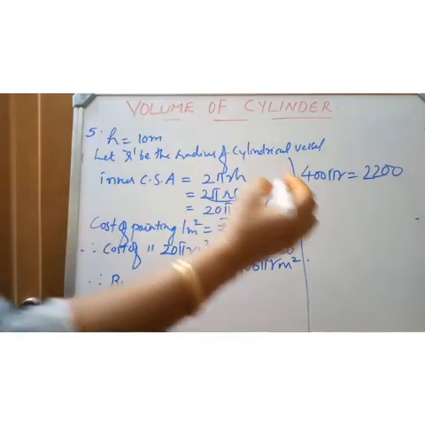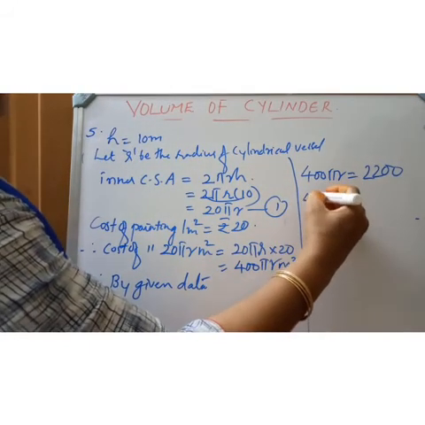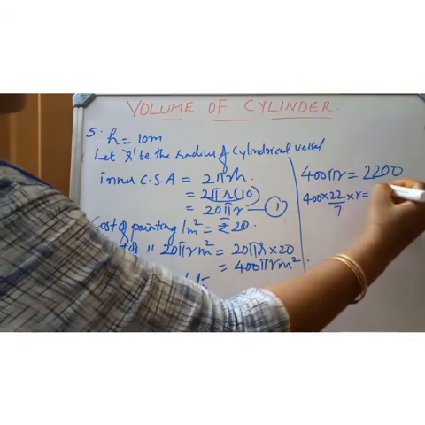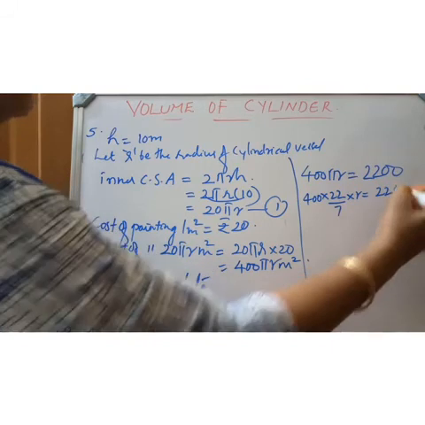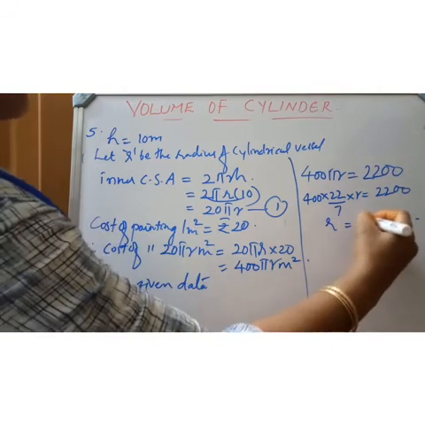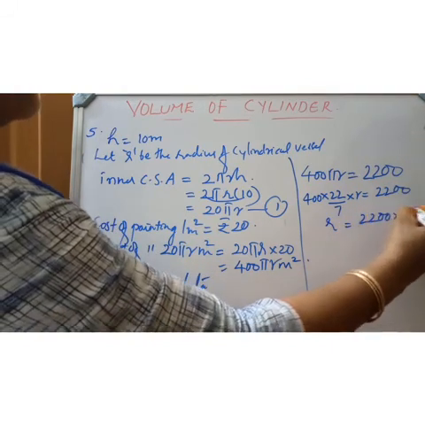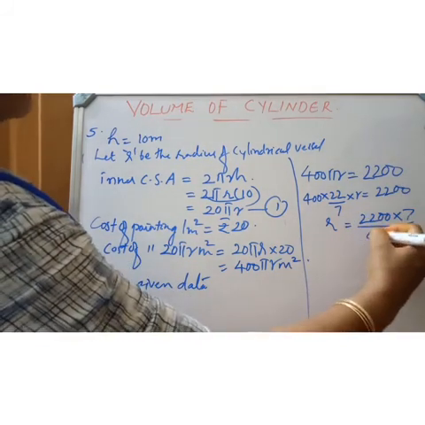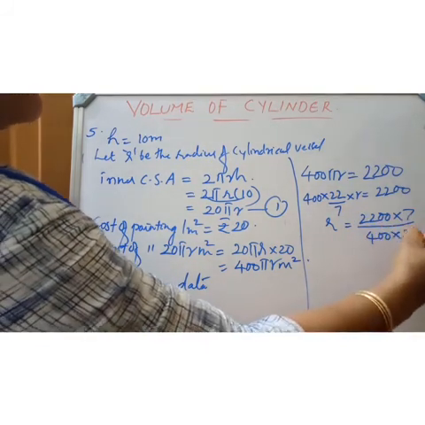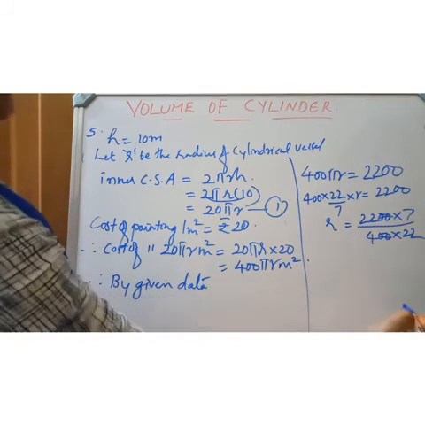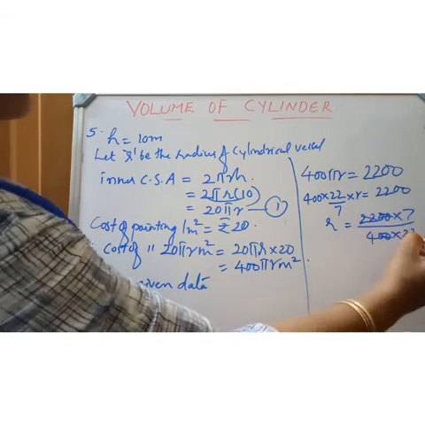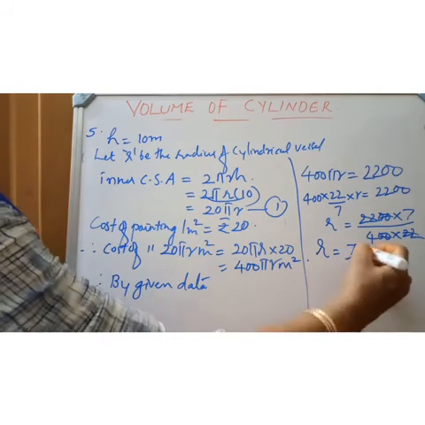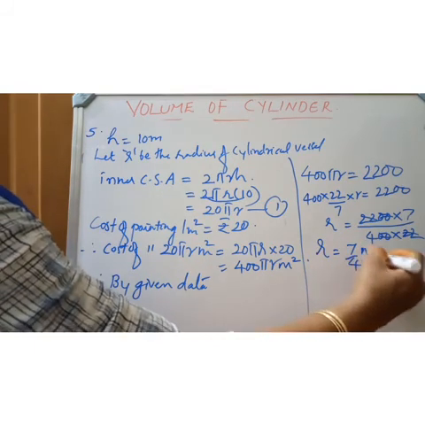So we will get 400 into 22 by 7 into r equal to 2200. So r equal to 2200 into 7 divided by 400 into 22. So 20 and 20 get cancelled, 22 and 22 get cancelled. We will get the r value as 7 by 4 meter.